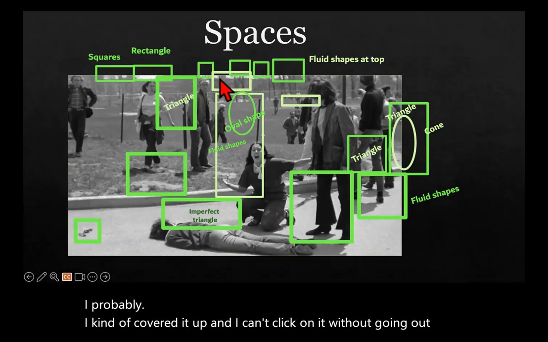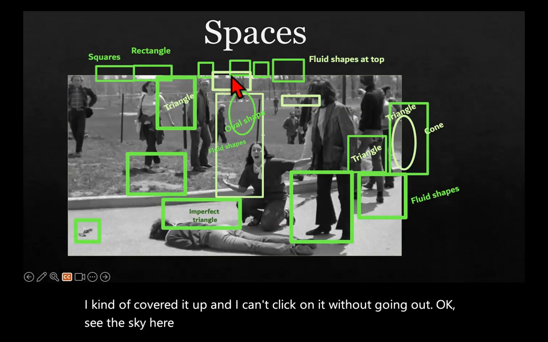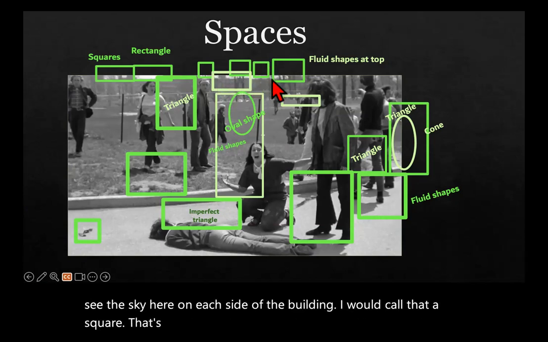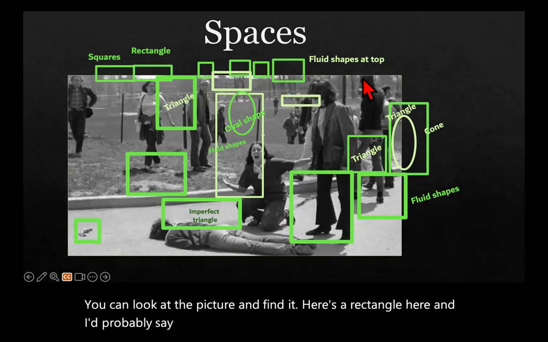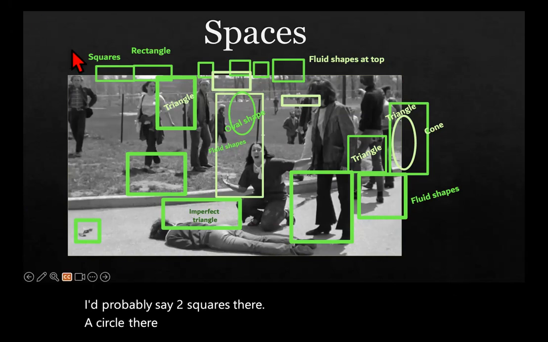Okay, see the sky here on each side of the building? I would call that a square. That's a rectangle. You can look at the picture and find it. Here's a rectangle, and I'd probably say two squares there, a circle there. So if you work from the top down, you can probably notice more of them.